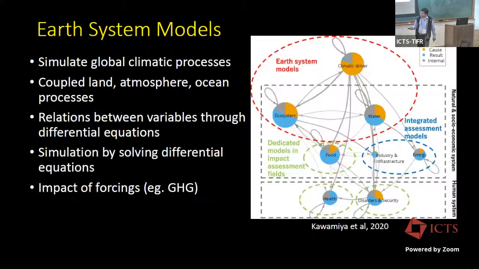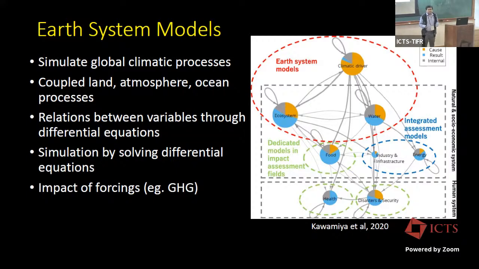So the motivation for this talk is Earth system models, which of course you are all familiar with. We are living in the times of climate change, and when we want to understand what is our future, what is going to happen to our climate in the next few decades, we all use the simulations by these Earth system models.